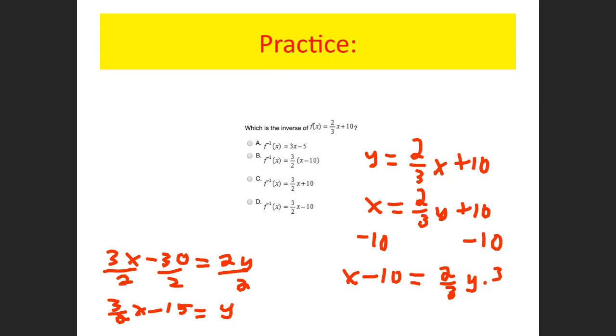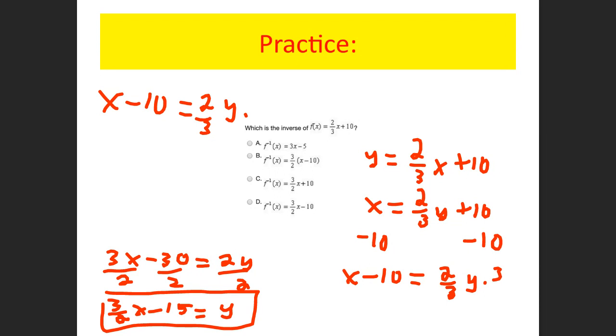I'm going to go back to where I had x minus 10 is equal to 2/3 y. I should have looked at the answers first. Since it's a fraction, in order to get rid of that fraction, I can multiply. Now, the way I did it is absolutely true, but I take a look at the answers and, okay, forget it. So I'm going to multiply by the reciprocal on both sides.